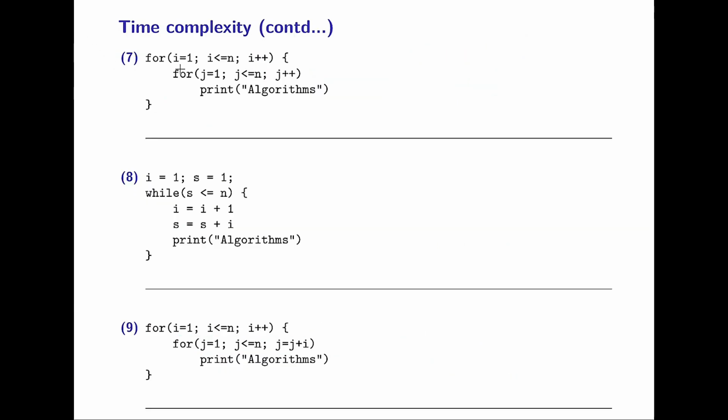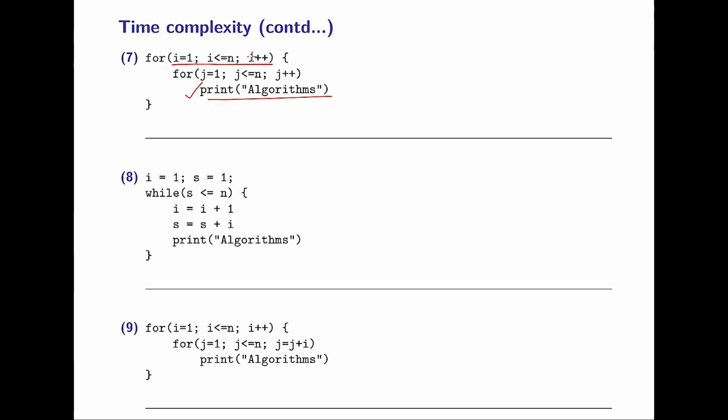Okay. So question number 7. Here you see the time complexity will be decided by the statement inside the innermost loop. So here the innermost loop is what? This one. The outermost loop, here you see, is going to run from i equal to 1 to n. When you see i plus plus, it is very easy to calculate. You just see the initialization and the stopping criteria.